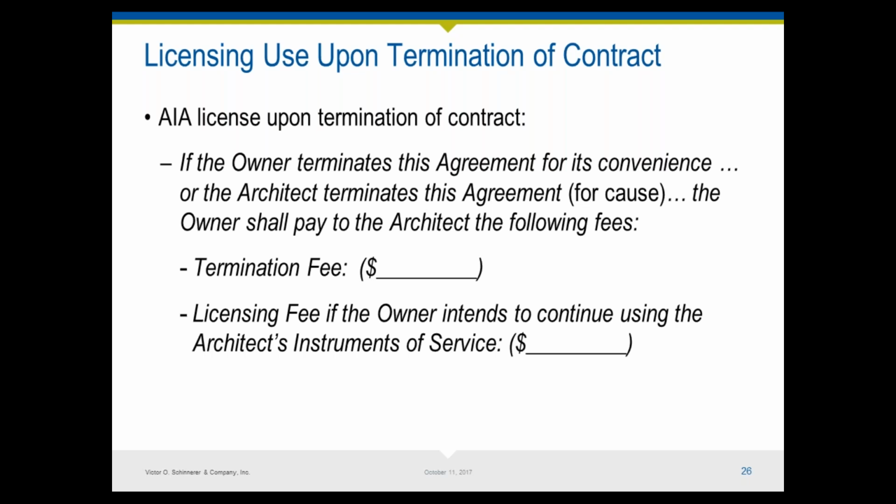Figuring that that was a justifiable amount of money for the owner to acquire the rights to the documents and to the copyright to those documents.